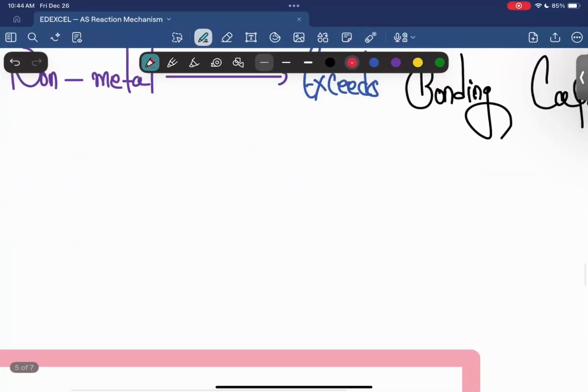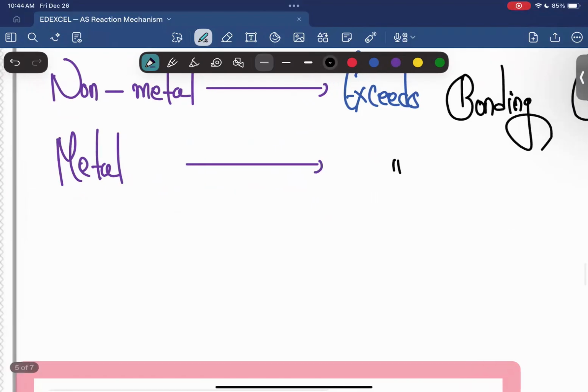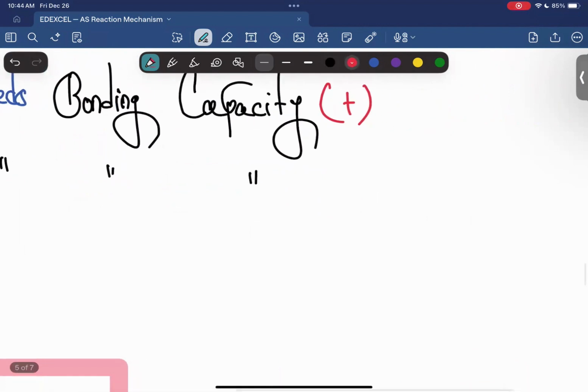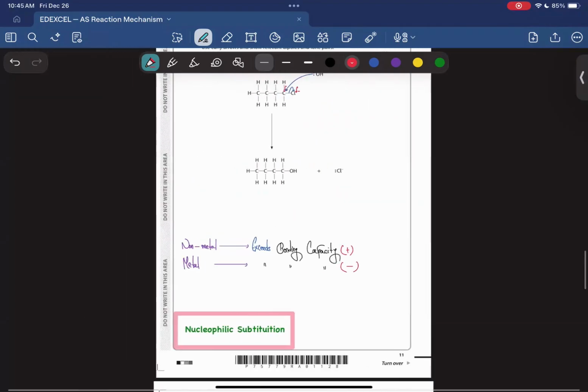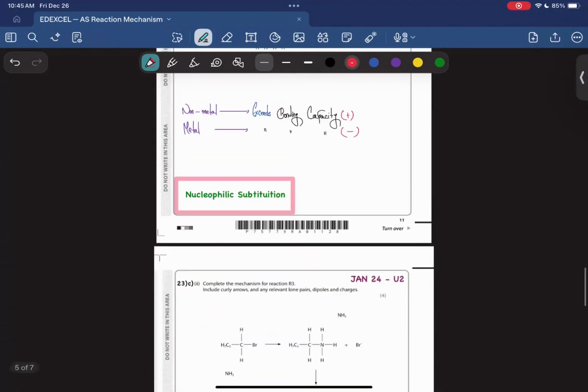And when a metal exceeds bonding capacity, it forms minus. Now you have to remember this. Why? Because this question may arrive in another version.